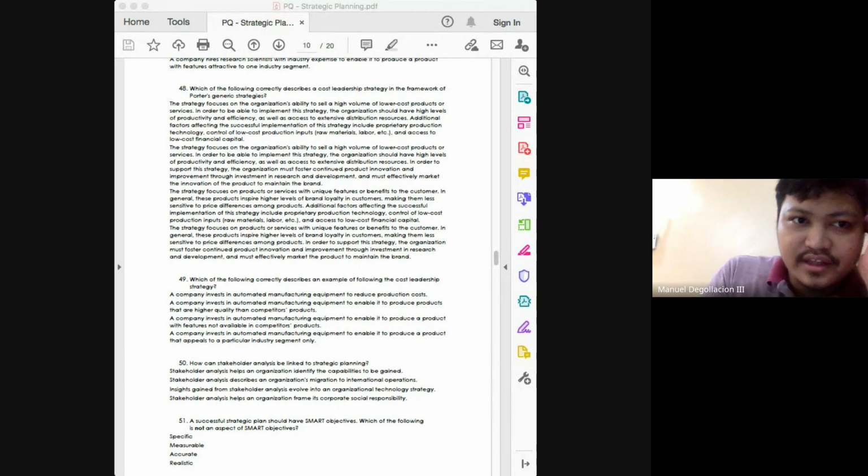Additional factors affecting the successful implementation of this strategy include proprietary production technology and control of low-cost production inputs and access to low-cost financial capital. Okay, so this makes sense. This describes cost leadership. Let's try to go over the other choices.